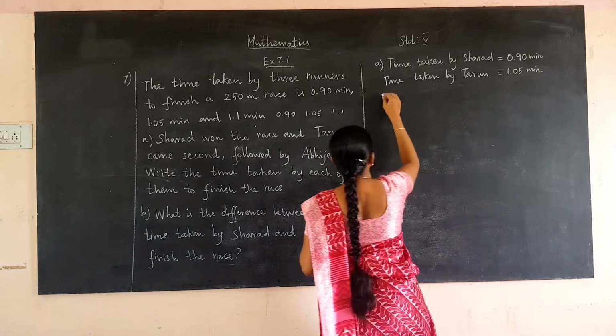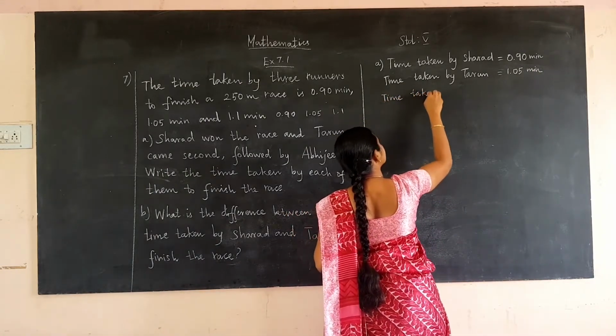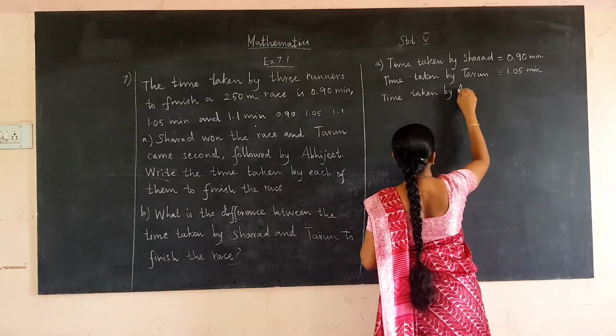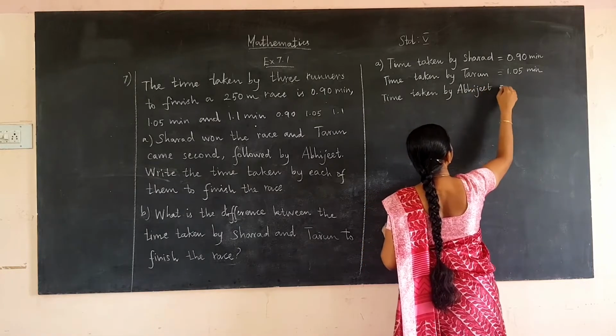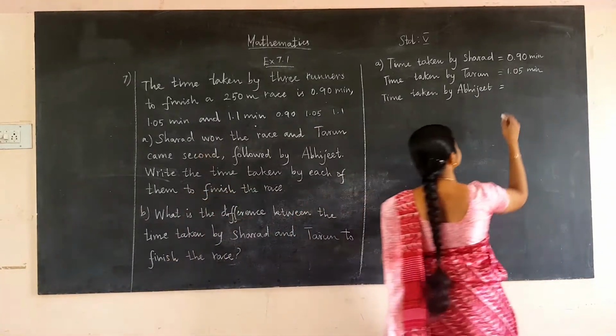Next, we are going to find time taken by Abhijit. The left out timing is 1.1 minute.